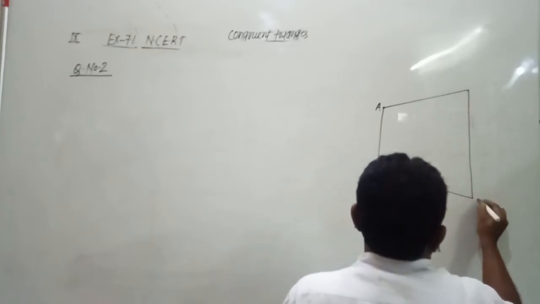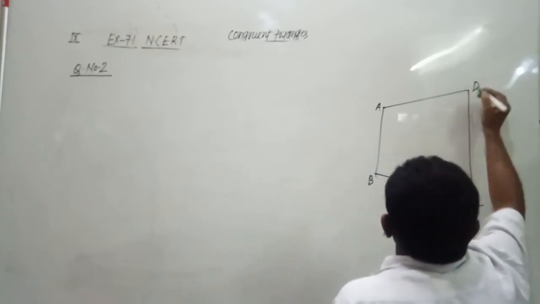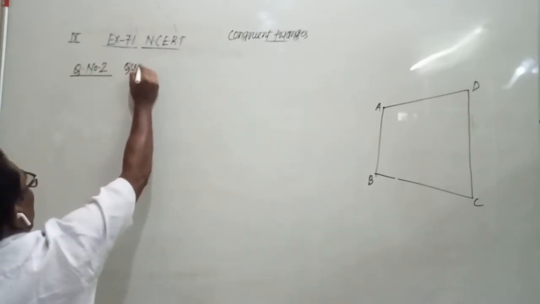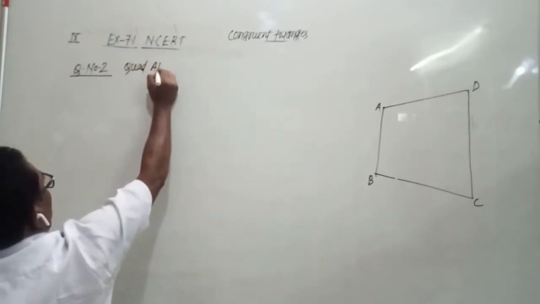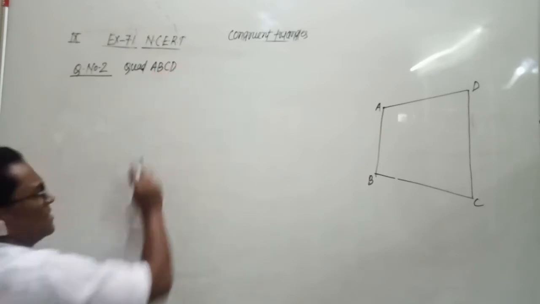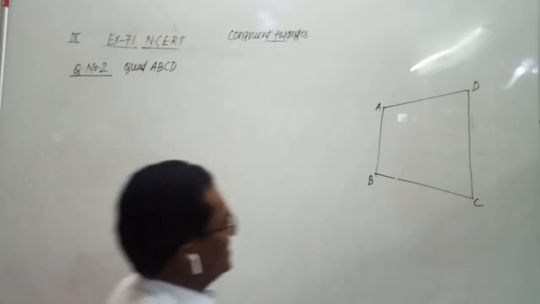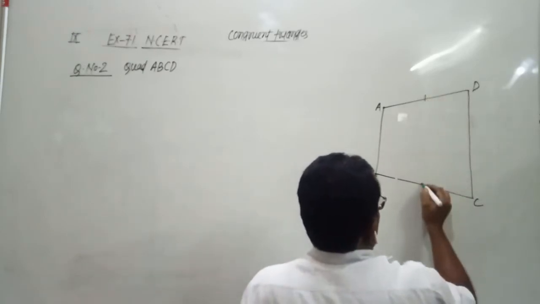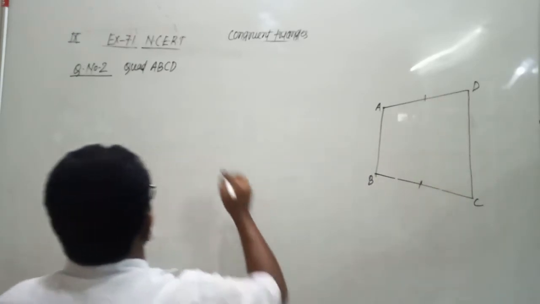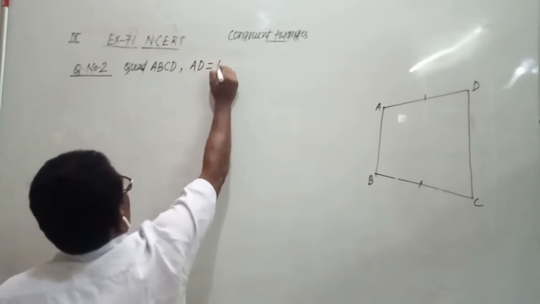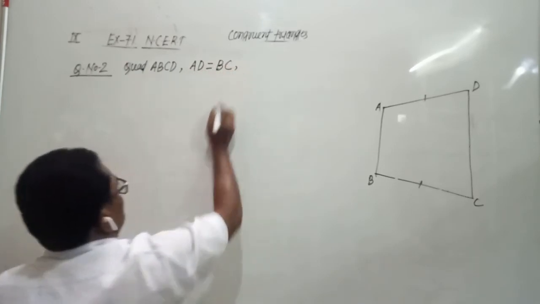There is a quadrilateral ABCD in which AD equals BC. The side AD equals BC.